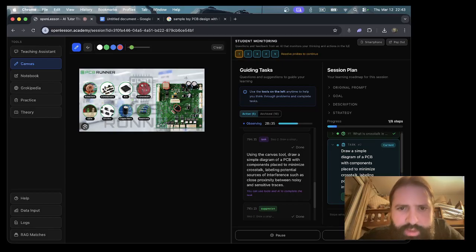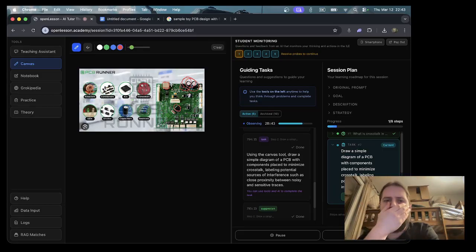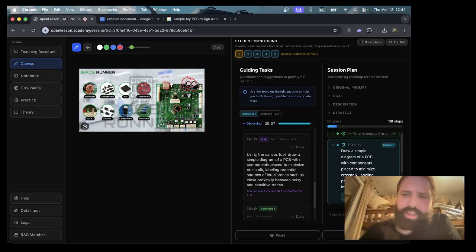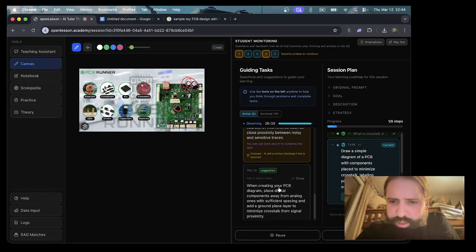And it's interesting to see the capacitors essentially are grouped together, right? Using the canvas, I will draw a simple diagram of a PCB with the components placed to minimize crosstalk. But I think that's what I would do, right?